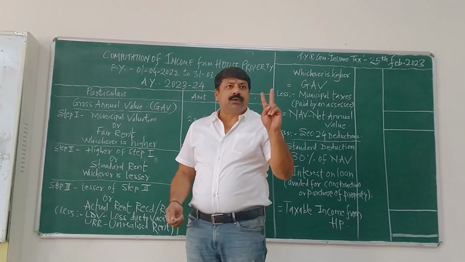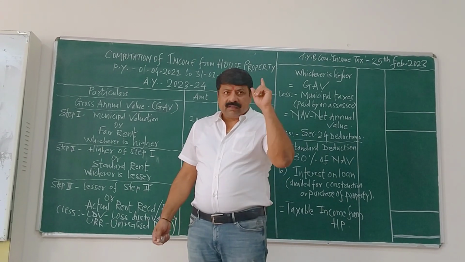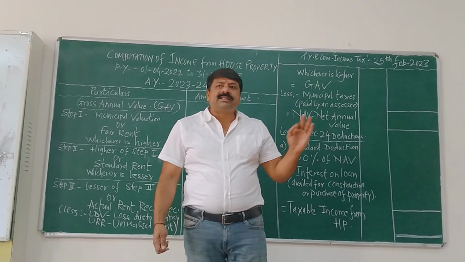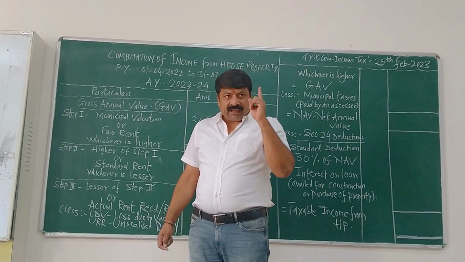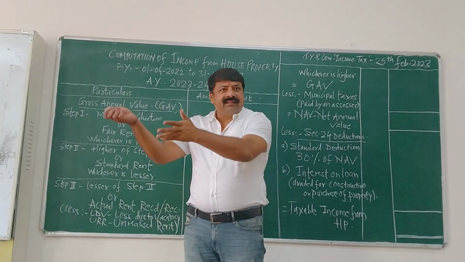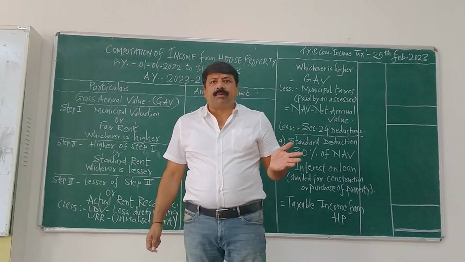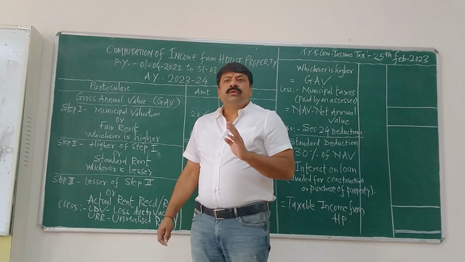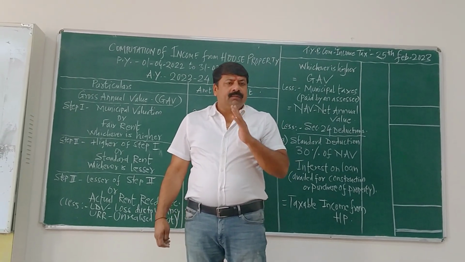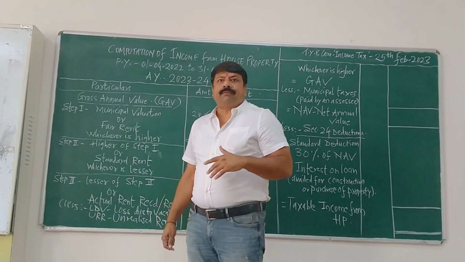But I told you 2 conditions. Number 1, the assessee must have taken all legal steps to vacate the property. Is that clear? He has to file an FIR if the tenant is residing and not vacating the property or paying rent; he has to go to the police and file an FIR.